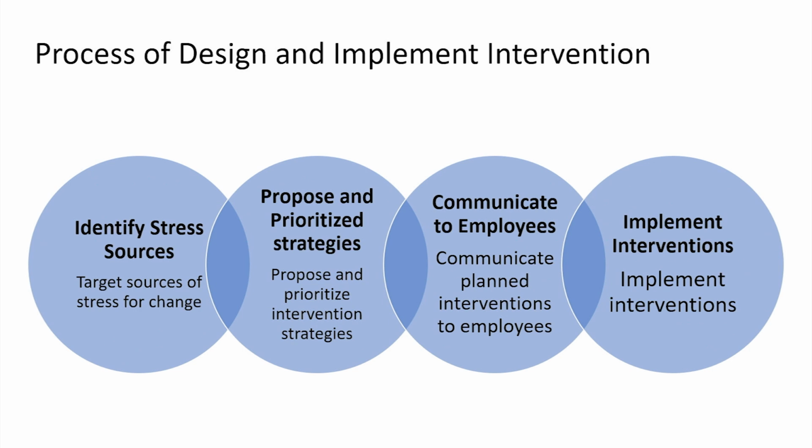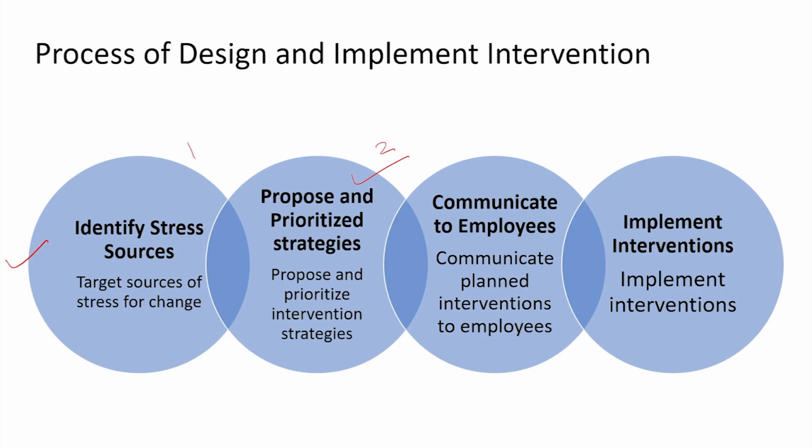So, we have identified the stress sources at the very first step, then we propose and prioritize the strategies, the second step. Okay, if I can give numbers to these steps, this is the second step where we are going to decide our priorities and we will work accordingly.